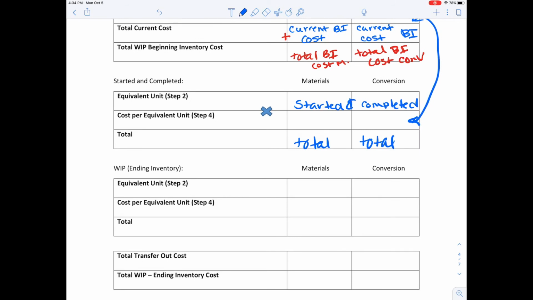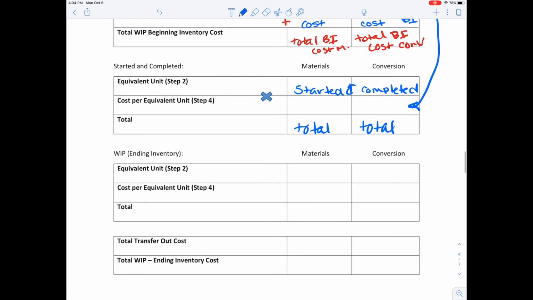And then typically, once we've got that part done, we're getting to be pros at this, and we're going to just do it again. We're going to take our ending inventory equivalent unit and our ending inventory conversion equivalent unit, bring down that cost per equivalent unit, multiply, find that total.